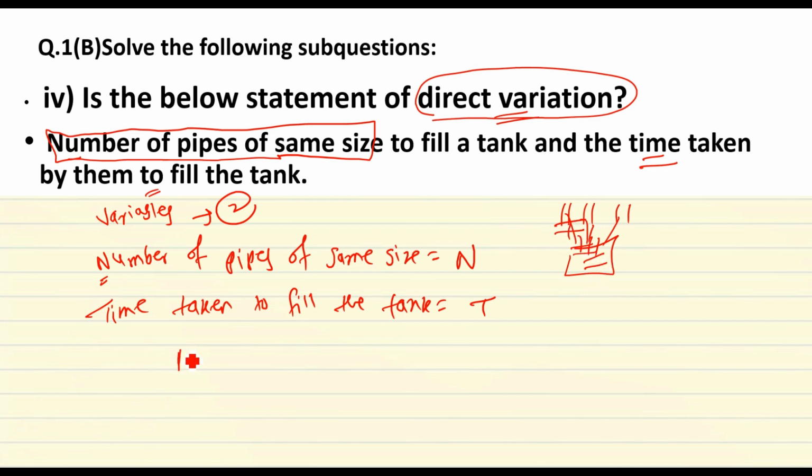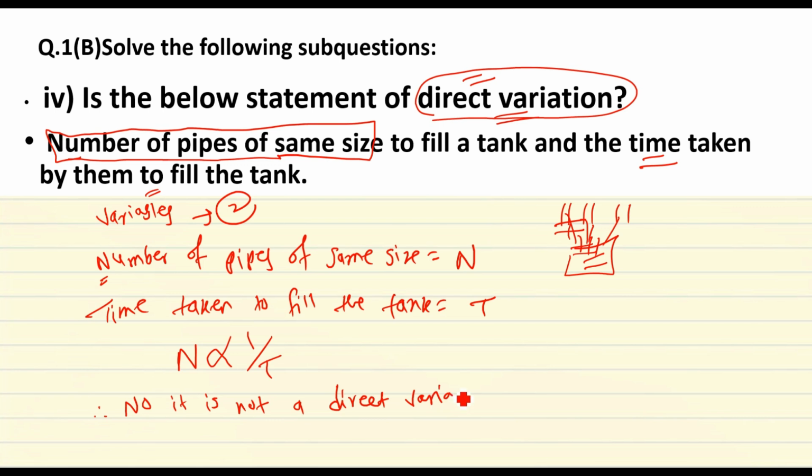So it means n is inversely proportional to time, and this is not a direct proportion. So the answer to this question, is the statement a direct variation, is: no, it is not a direct variation.